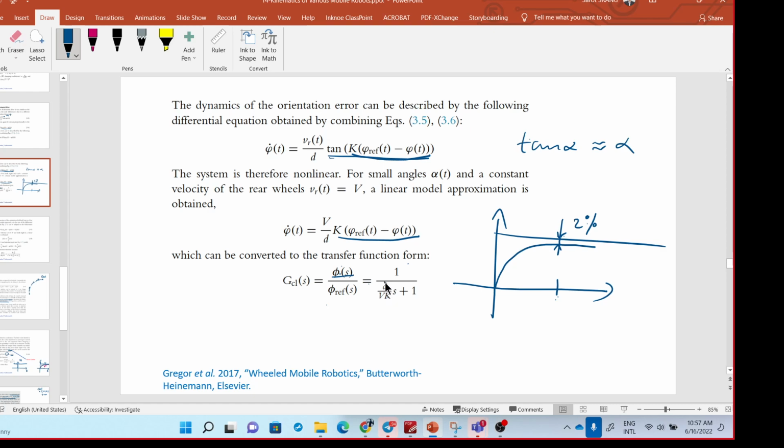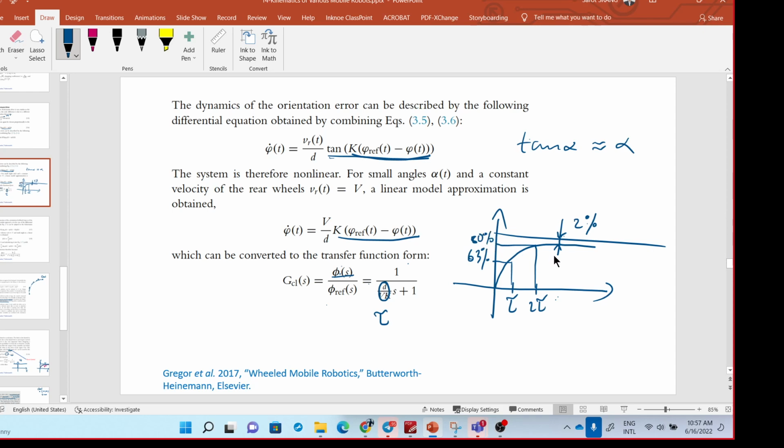So I can rewrite this one, d over vk here, as tau. Tau is the time constant, right? At one time constant tau, you only get 63%, and at two time constants, you get like 70 or 80 something. I don't remember exactly.